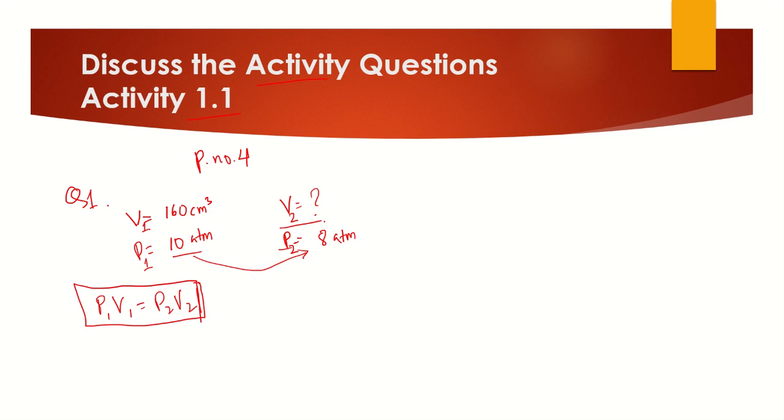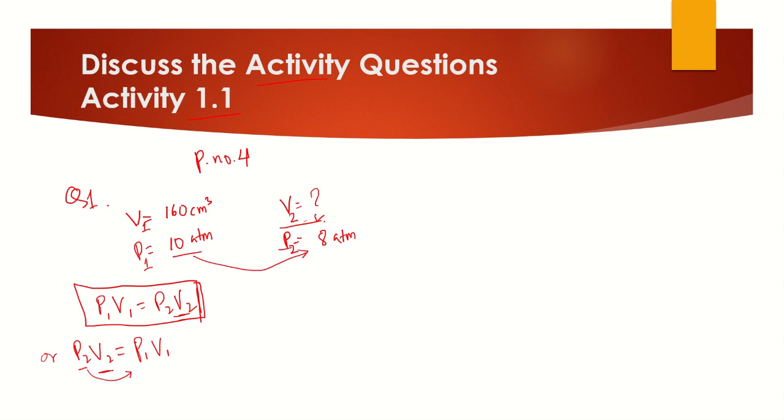So now we are asked to calculate V2. So the first step is rearranging the equation. This equation, we can also write it as P2 V2 is equal to P1 V1. Now since we are asked to calculate the V2, we will send P2 to the other side.